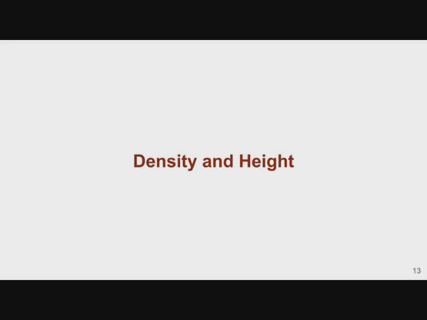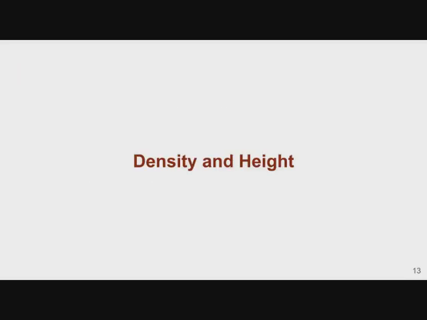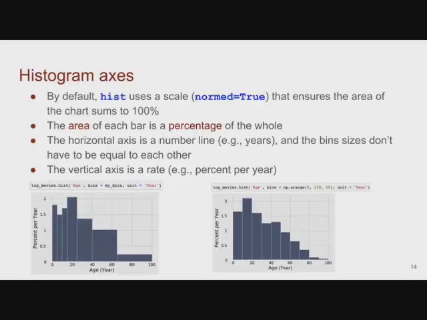Okay. So now that we have this idea that the area represents the percent of individuals, we should talk about how we calculate the height, and what that means in terms of the density of the distribution. By default, if we use the built-in hist method on tables, it's going to normalize.